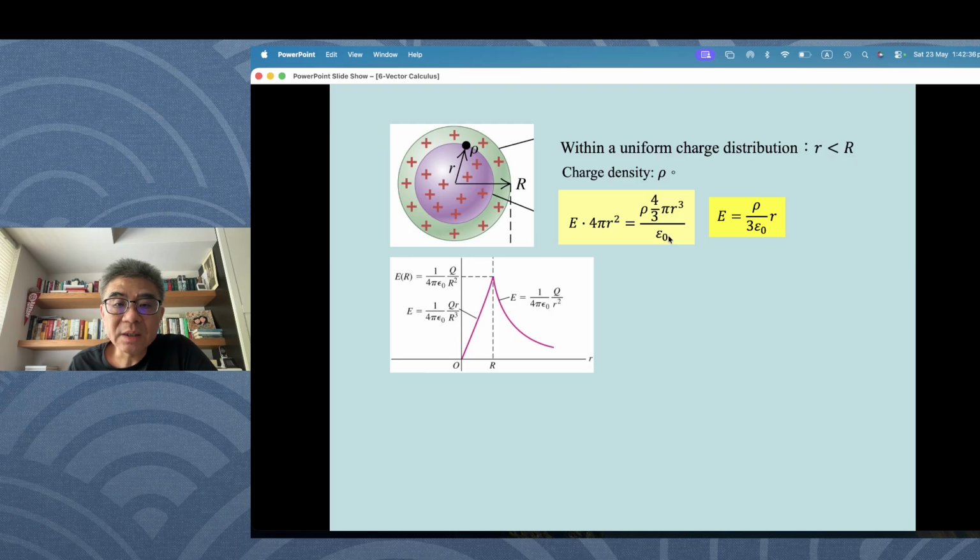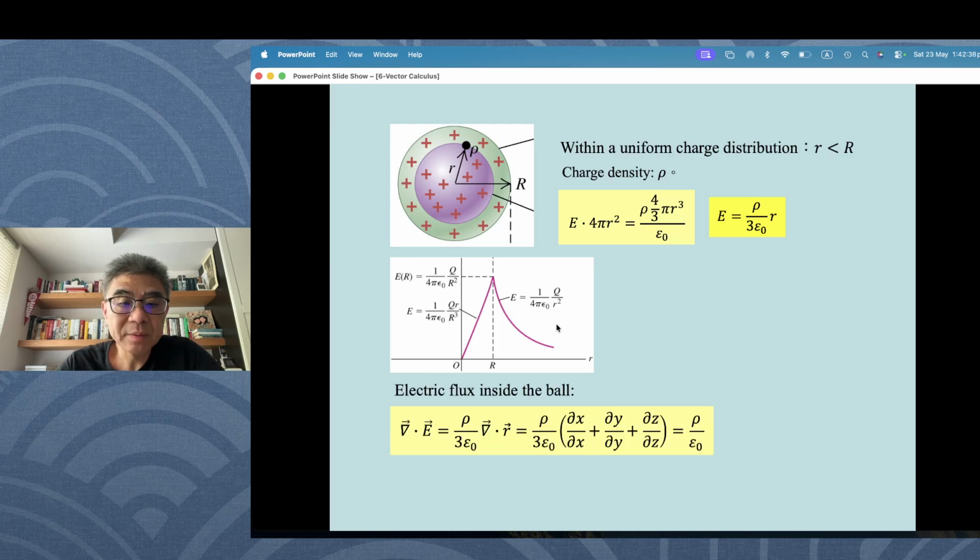So now I can calculate div E, the divergence of the electric field, by plugging in this formula.